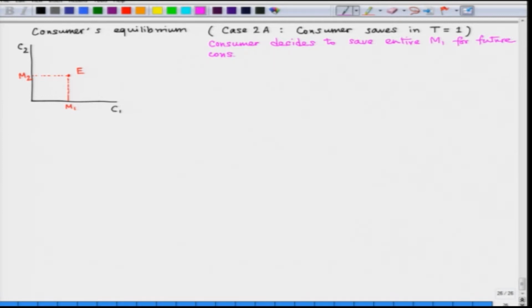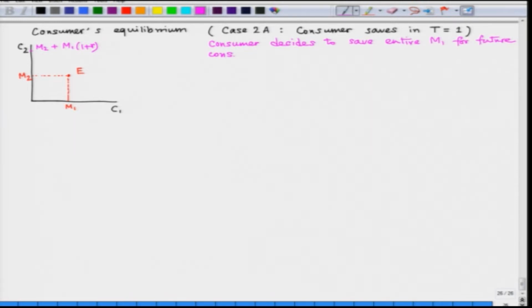Suppose we are talking about this intercept, which represents M2 plus M1 times (1 plus r), because this is the interest plus principal in period 2 if he or she decides to save the entire money income M1 in period 1.